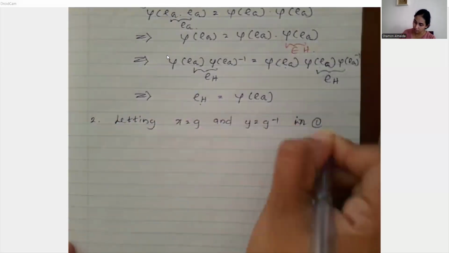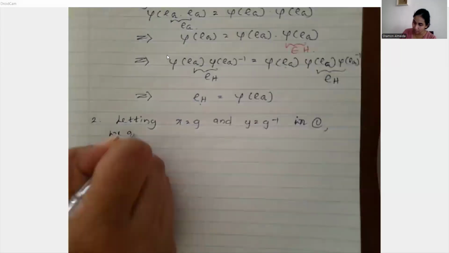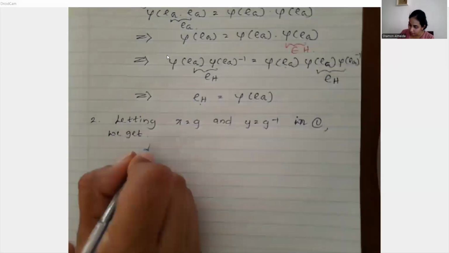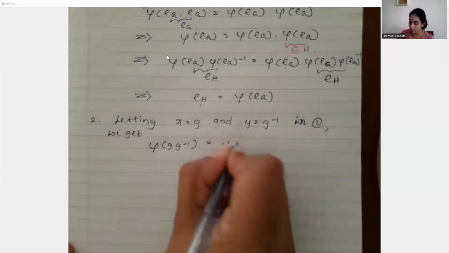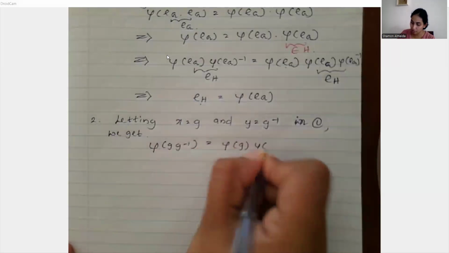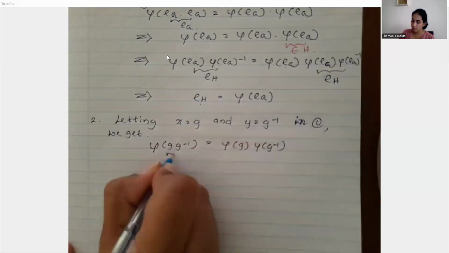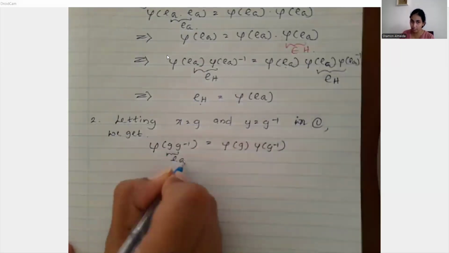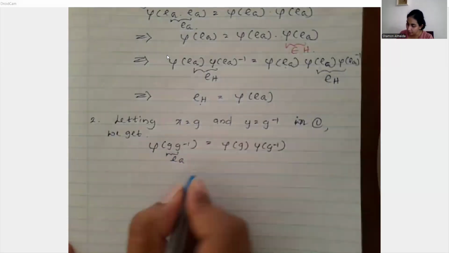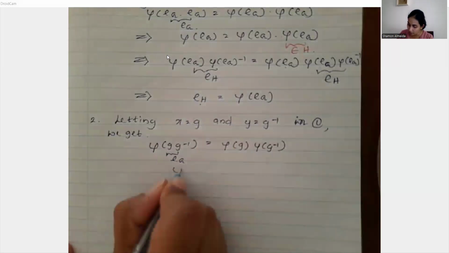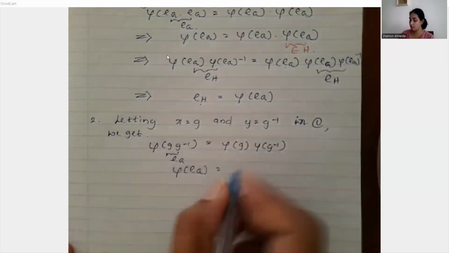In 1, we get phi of g times phi of g inverse equals phi of g times g inverse. This is simply the identity of G, right? These two elements are taken from G. So we've got the identity on this side.